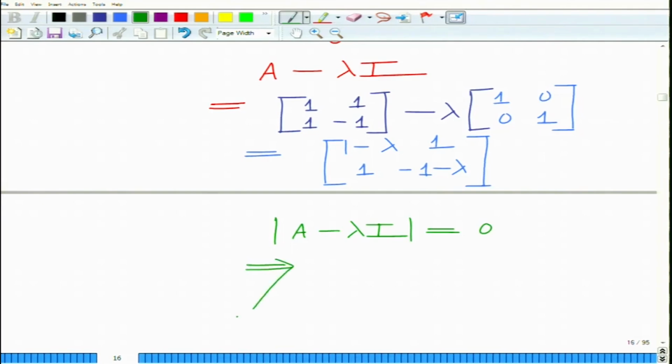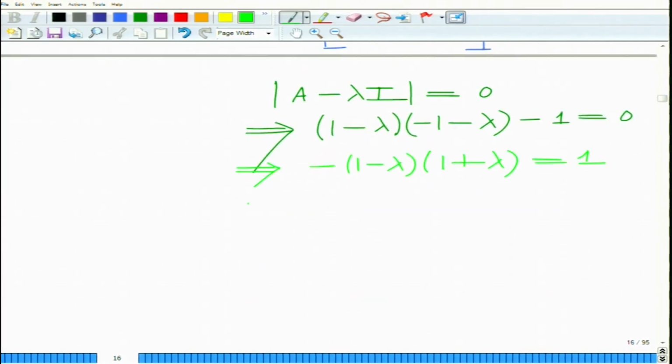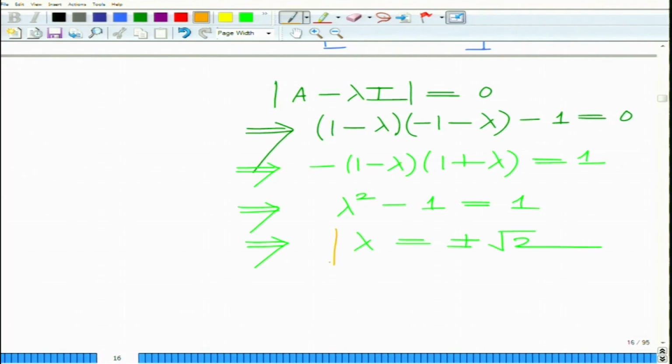If you compute the determinant, you will see this implies (1 minus lambda) times (minus 1 minus lambda) minus 1 equals 0, which basically implies that minus (1 minus lambda)(1 plus lambda) equals 1, which implies that lambda square minus 1 equals 1, which implies lambda equals plus or minus square root of 2.